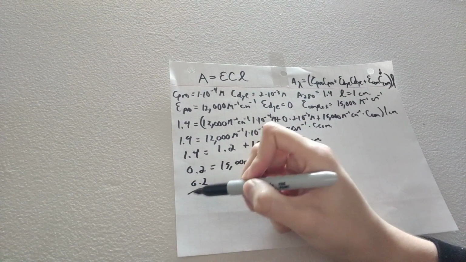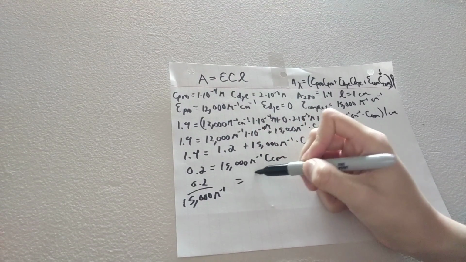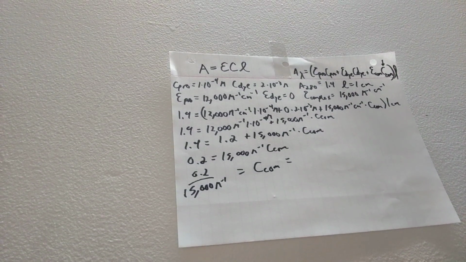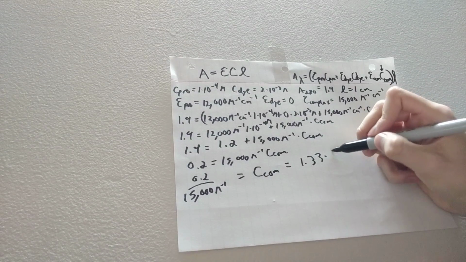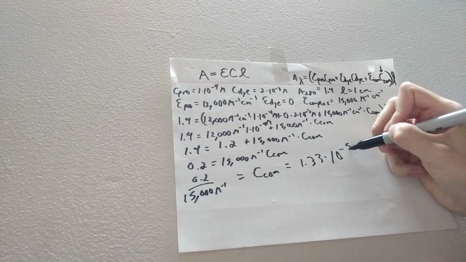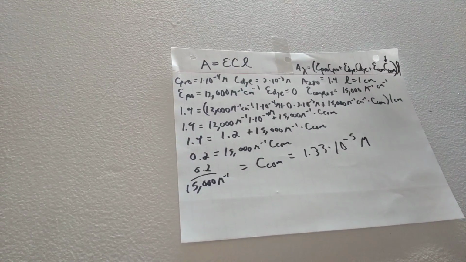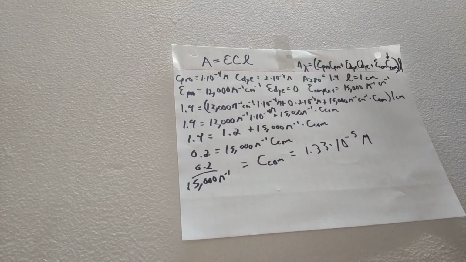I divide this to get the concentration of the complex, which ends up being 1.33 times 10 to the negative fifth molar. And that's going to be my answer for the concentration of the complex.